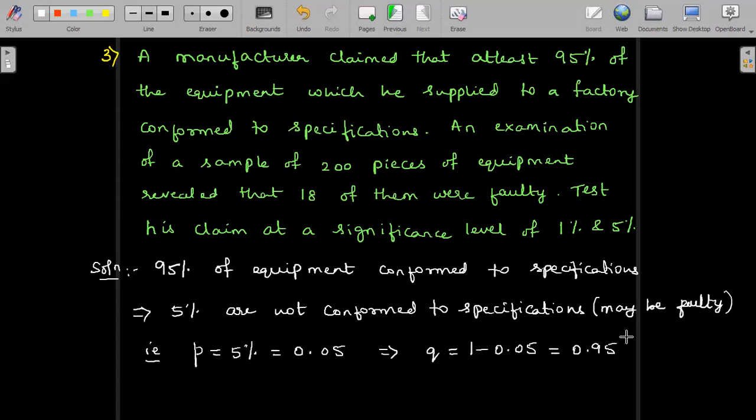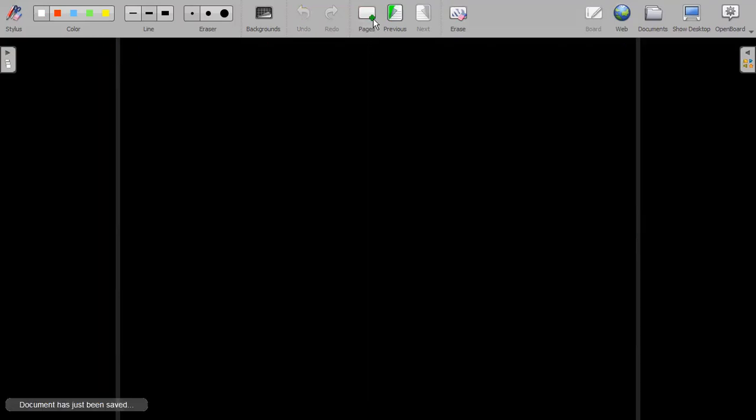So the manufacturer has claimed that 95% of the items are checked and they conformed to specifications. But accordingly, we have to check whether his claim is accepted or rejected. So if 95% of the equipment conformed to specifications, the remaining 5% will be assumed to be faulty. So that we are assuming as a success. So the probability of getting a success is 5%, 0.05, and hence Q is equal to 0.95.